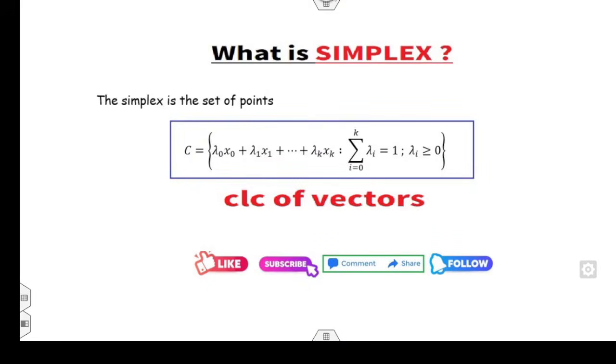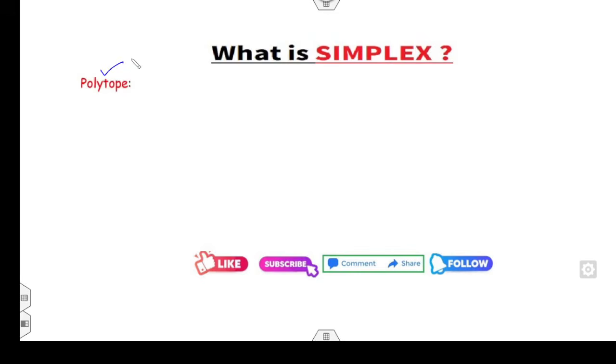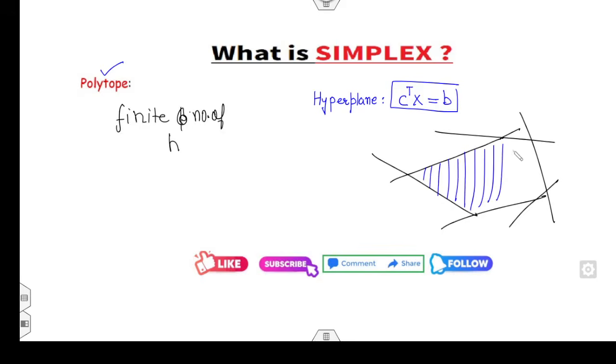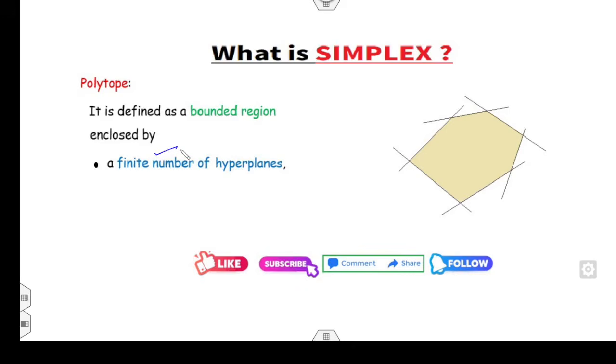Now, another way we can define the simplex is based on the polytope. What is a polytope? Suppose you have a hyperplane. The equation of a hyperplane is C transpose X equals B. Suppose you have a second hyperplane, a third hyperplane, a fourth, a fifth, a sixth hyperplane. That means if you consider a finite number of hyperplanes and take the intersection of all of them, this common portion will appear, and that is called the polytope. The polytope is a bounded region which is enclosed by a finite number of hyperplanes.